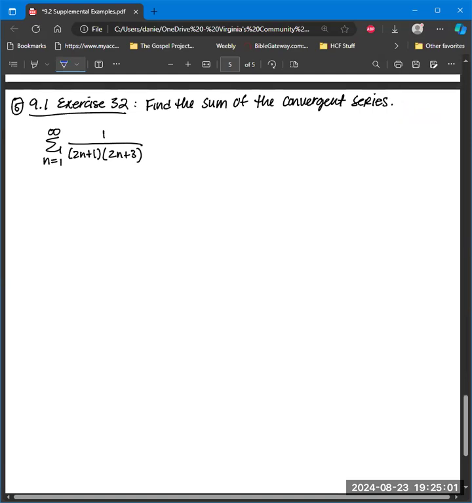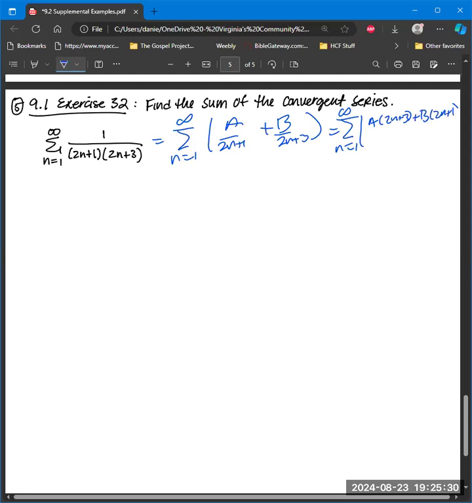Now let's find the sum of this convergent series. So we're going to use partial fractions once again. The sum from n equals 1 to infinity of A over 2n plus 1 plus B over 2n plus 3 is going to be equal to the sum of A times 2n plus 3 plus B times 2n plus 1 over 2n plus 1 times 2n plus 3.